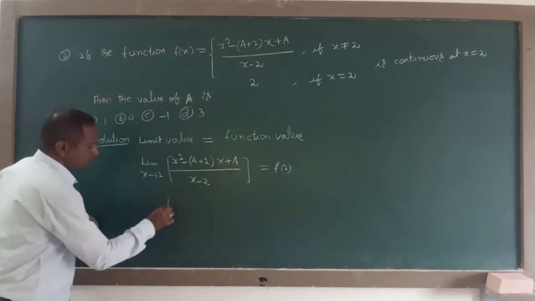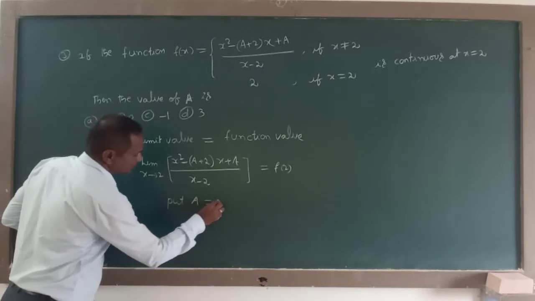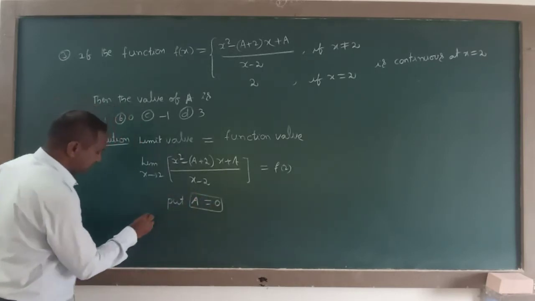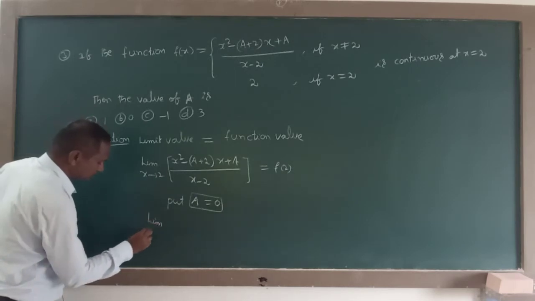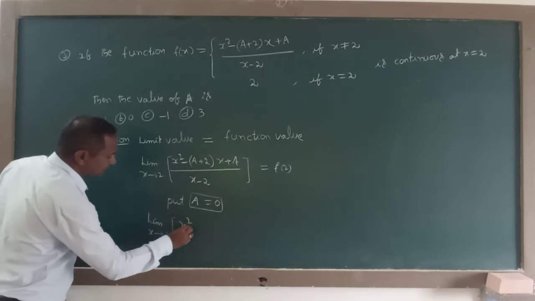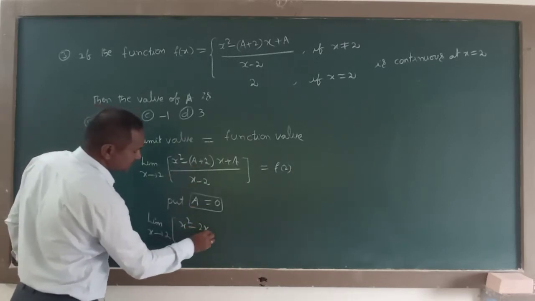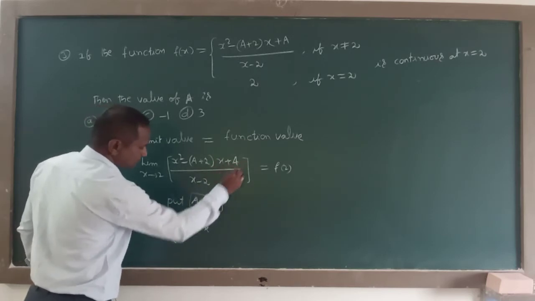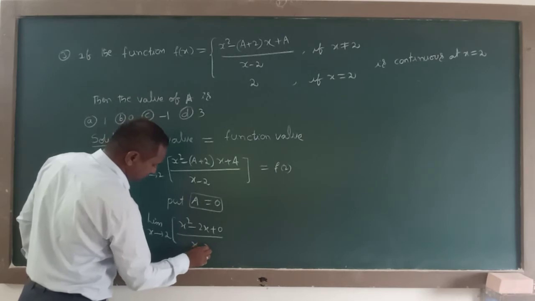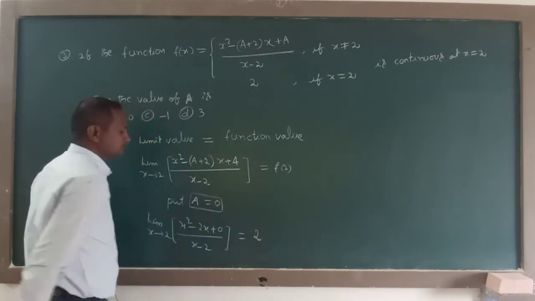See here, put a is equal to 0. That is limit x tends to 2, x square plus 2x plus 0, whole divided by x minus 2, is equal to the function value 2 they gave.